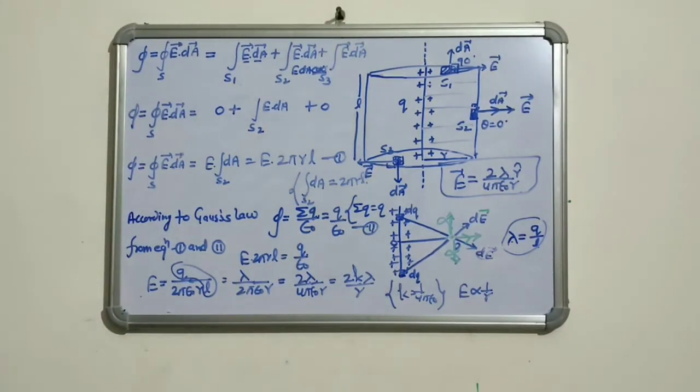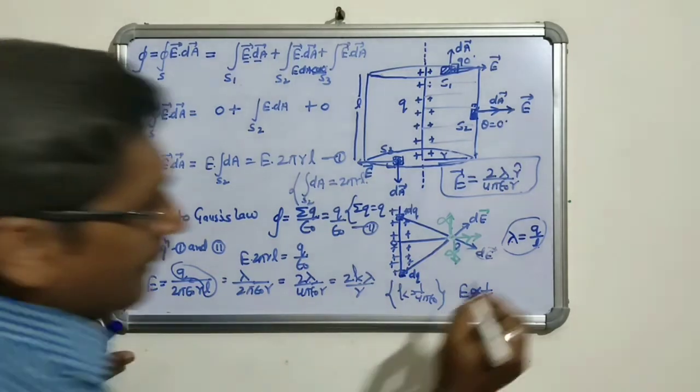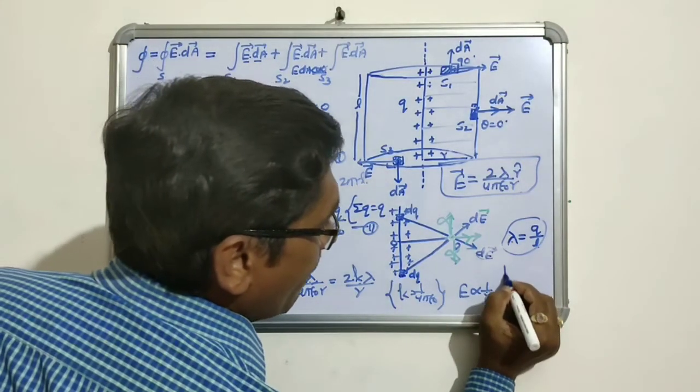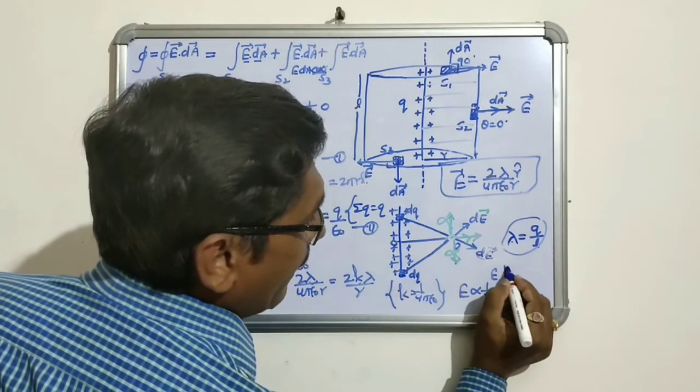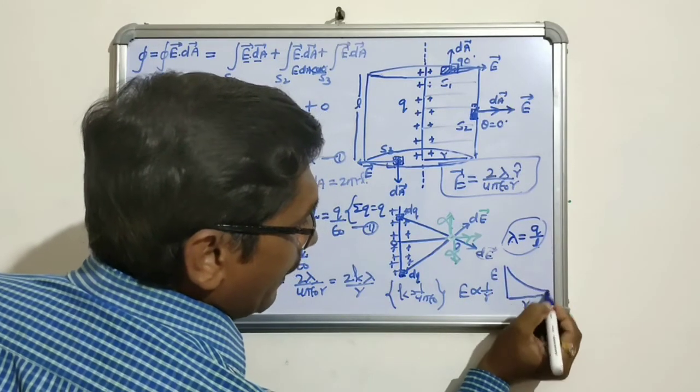And the graph between E and R is like this: here R, here E, and the graph is in this direction.